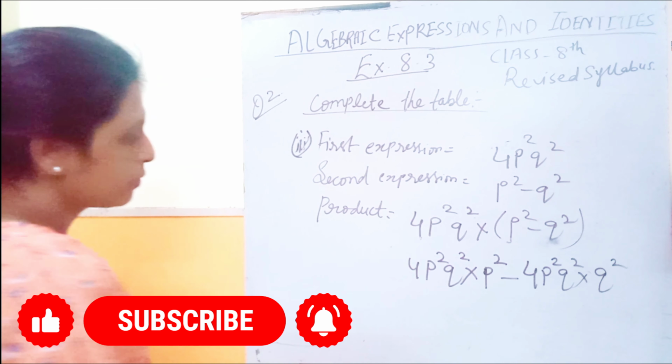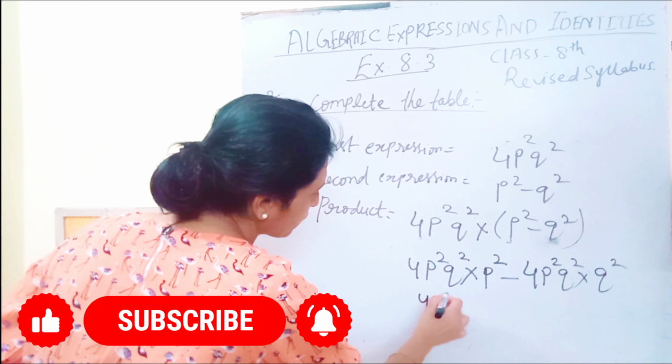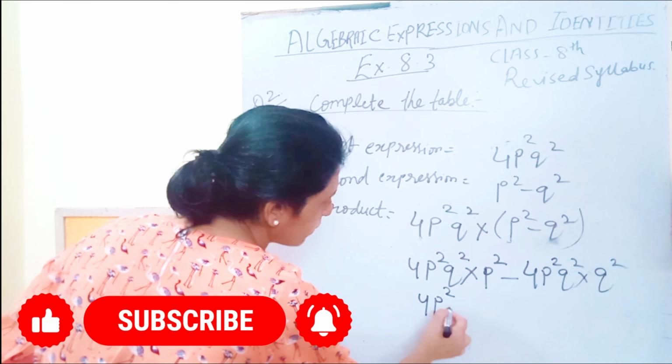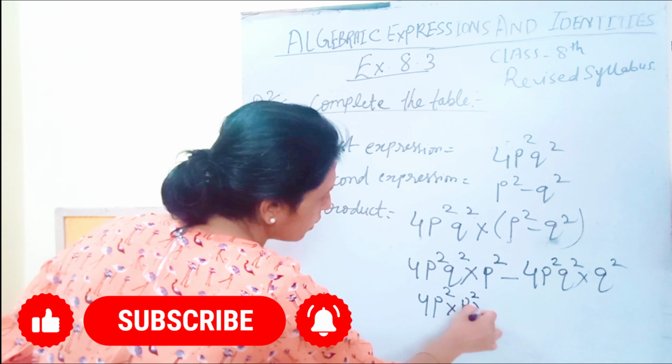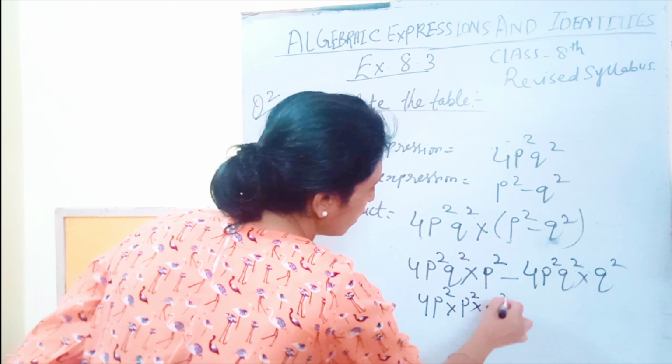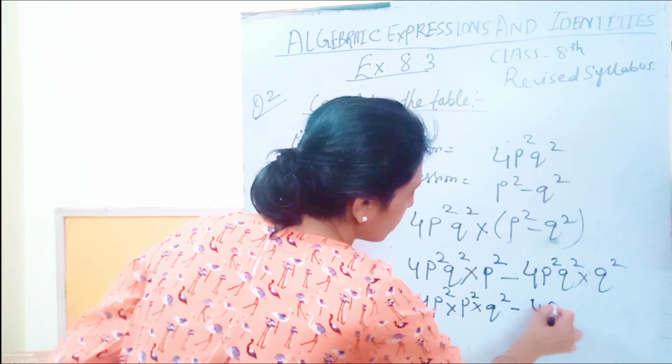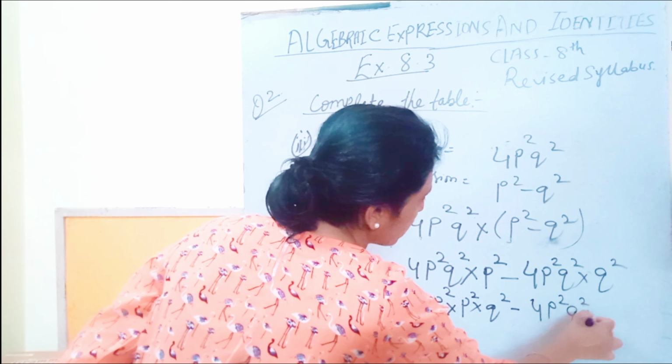Okay. Now see, the base is p square here, p square here also, bring them together, q square minus 4p square q square into q square.